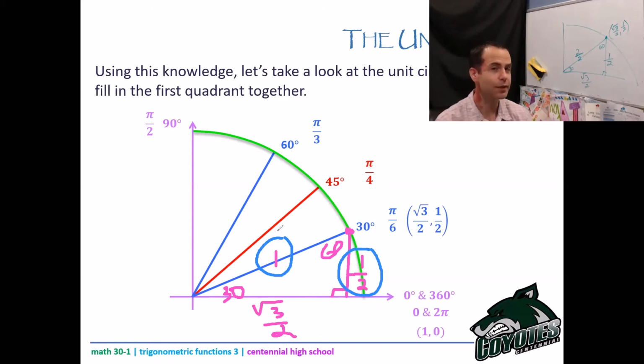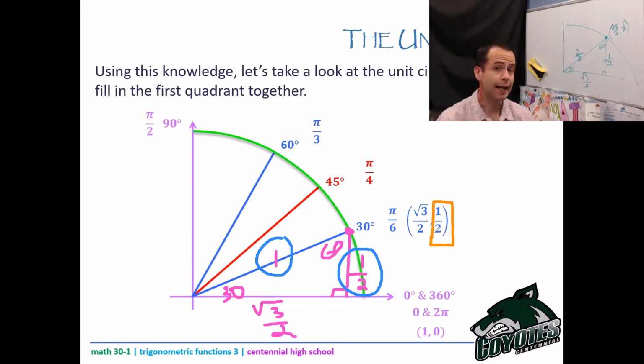This only works in the unit circle, because the radius is 1. So y over 1 is just y, which means when we are doing these coordinate points, the y value ends up being the sine of that angle.